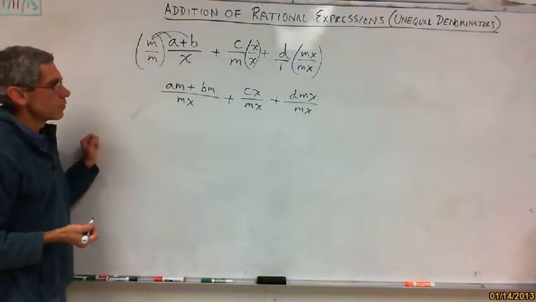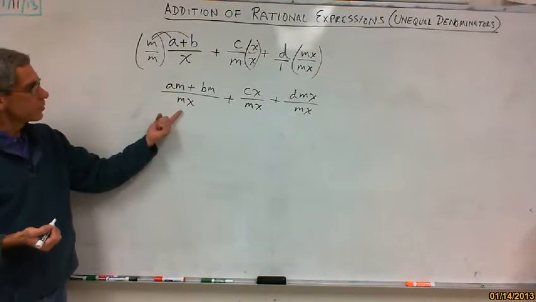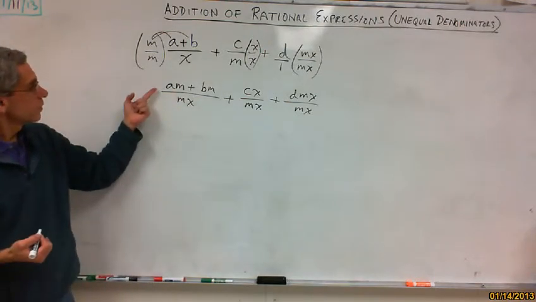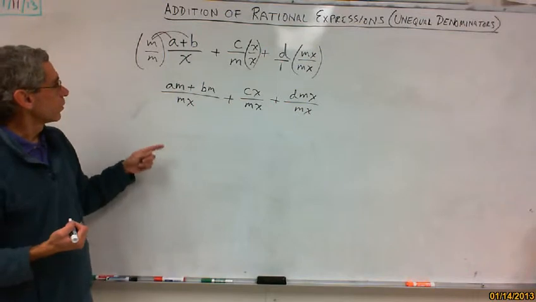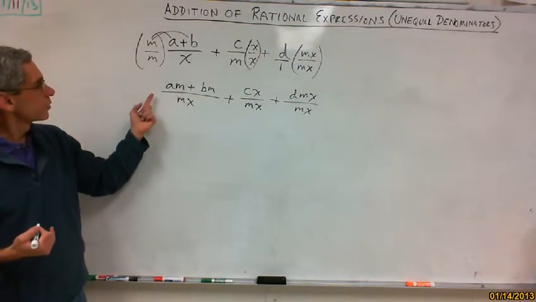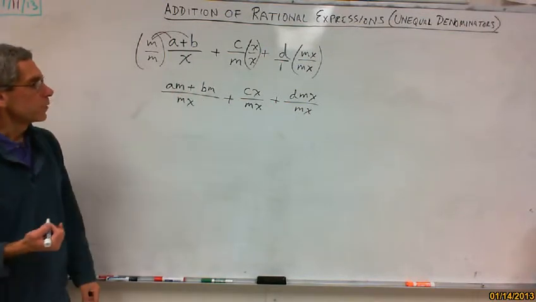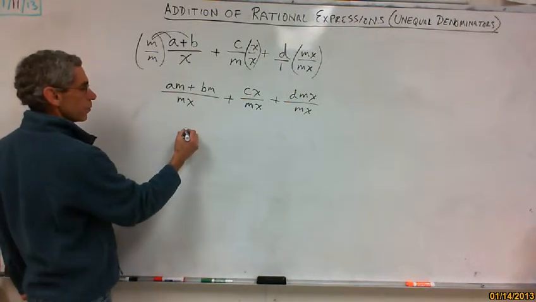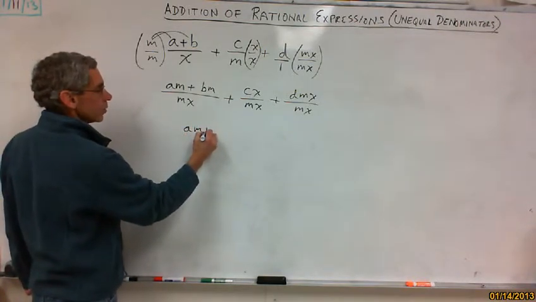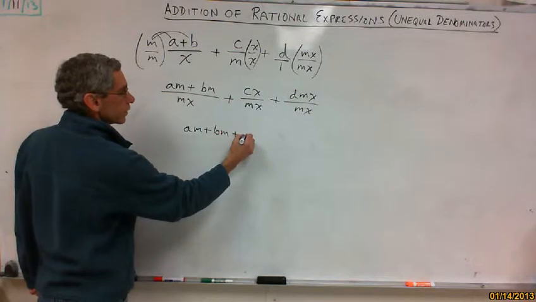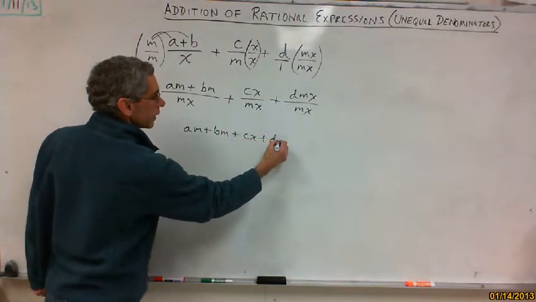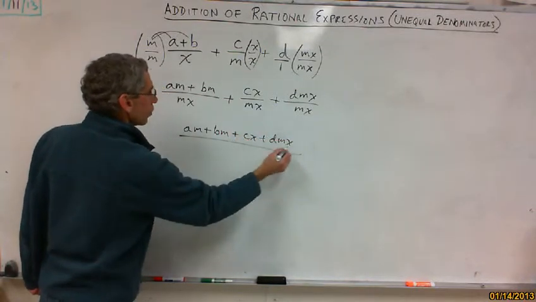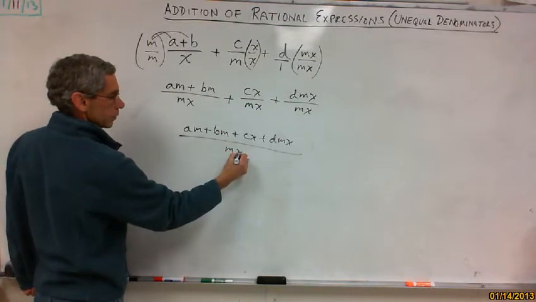So now I have common denominators, so I can just add my numerators. There are no like terms for me to combine, since they're all variables. I'll just go am plus bm plus cx plus dmx all over mx.